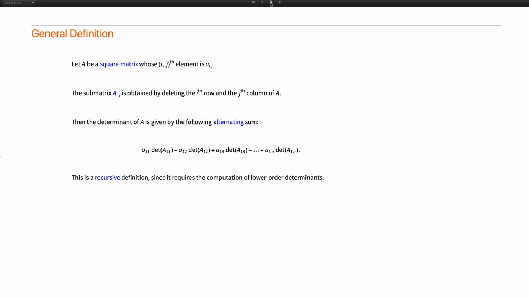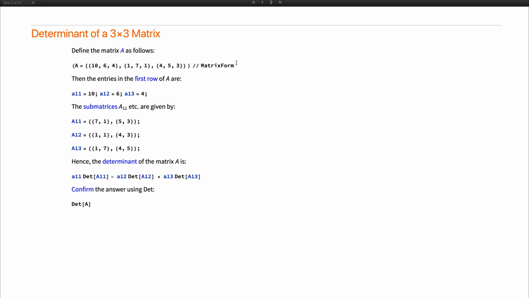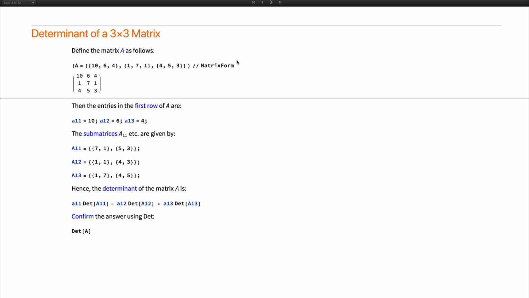As an example, let's take a 3 by 3 matrix A. Look at the first row, 10, 6, 4, and call these a11, a12, a13. Now you begin by deleting the row and column as required. For the element 10, you delete the first row and the first column, so you get the submatrix A11, which is 7, 1, and 5, 3.